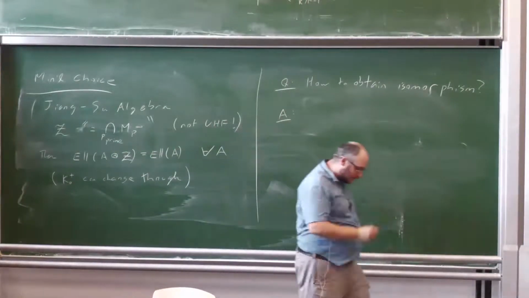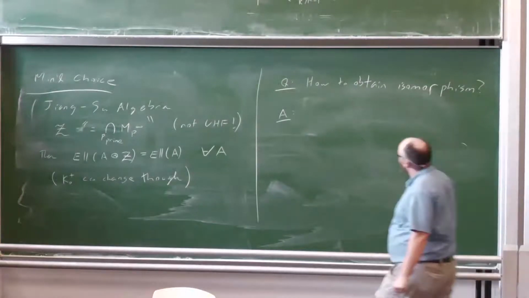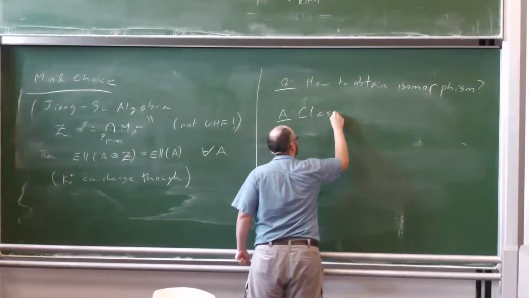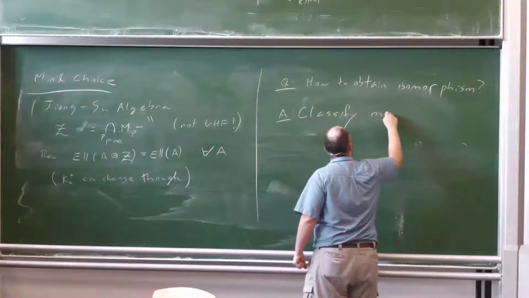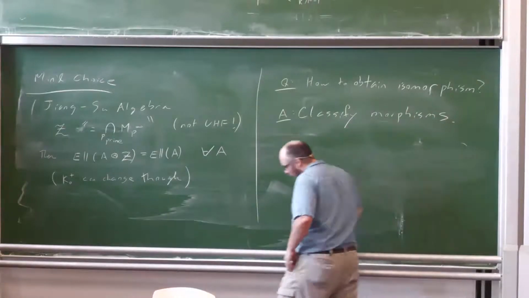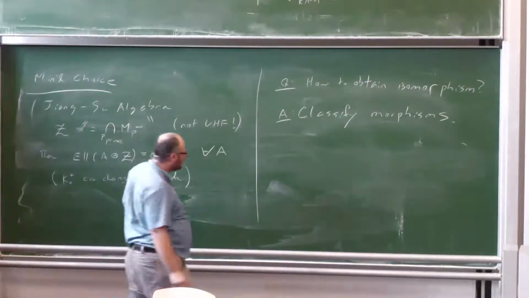And the answer becomes to shift your focus off trying to classify the algebras and just fix two algebras, A and B, and decide what the morphisms from A to B look like. So classifying morphisms is the way one approaches this.